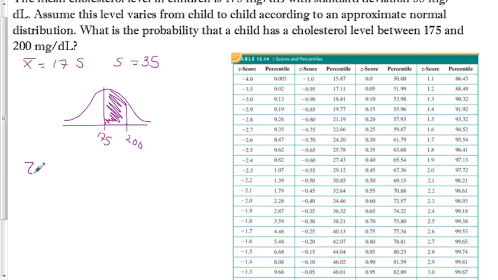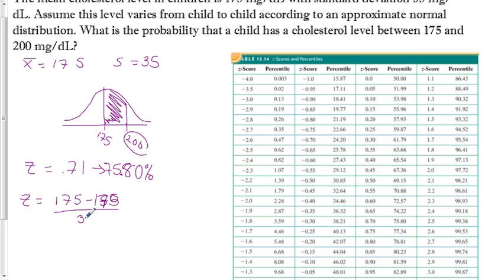So first, on the previous page, that example that we did, we found that the z-score for 200 was equal to 0.71, which gave us an area of 75.80. Now, let's calculate the z-score for the other value here. 175 minus 175 divided by 35 is equal to 0.